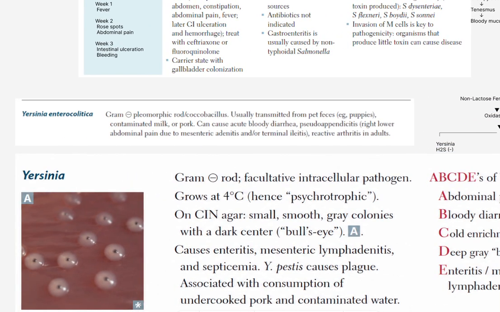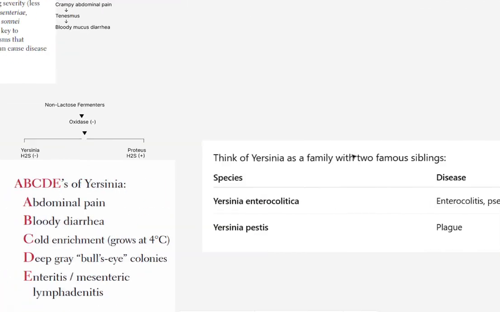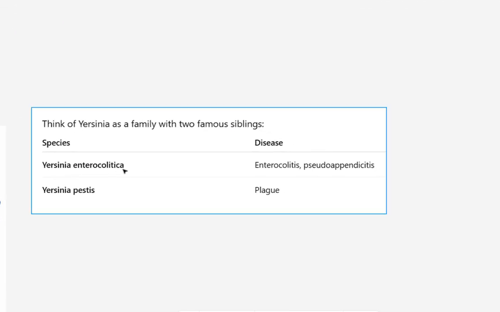Now, when we talk about Yersinia, we have two organisms: the Yersinia enterocolitica, which causes enterocolitis or pseudoappendicitis, and the Yersinia pestis, which basically causes the plague. Both of these are gram-negative. They're facultative anaerobes. They do not use oxygen, which is why they were oxidase negative. And they're facultative intracellular pathogens and members of Enterobacteriaceae, right?